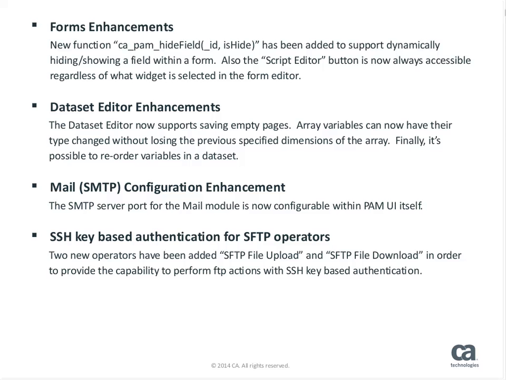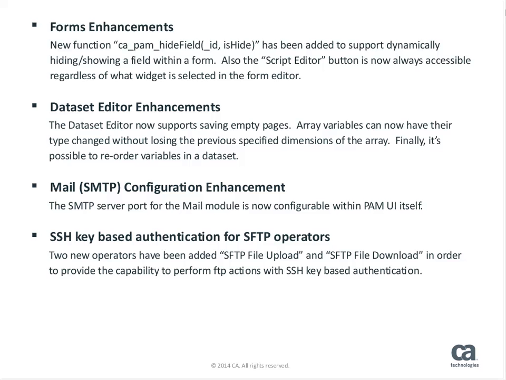If you specify the size of the array, you'll lose the actual values, obviously, as you change types, but the actual structure and dimensions of the array will be retained. And the last thing we've done is we've also added the ability to reorder variables in a data set, something you could do in 3.1 when we implemented this in 4.0. We didn't provide that capability, so we've added that capability now in the 4.x code line.